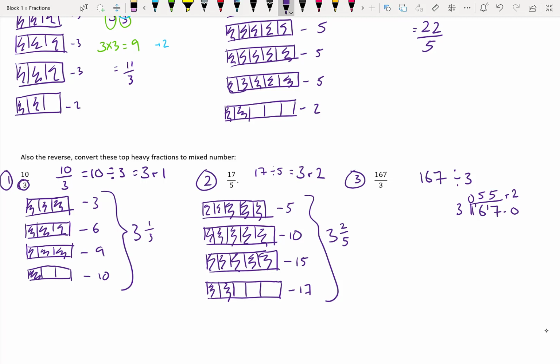What I was able to do is split 167 into 55 piles. And there were 2 left over, so my remainder 2 still needs to be divided by 3. That is my little shortcut method to save me having to draw all of those pictures.